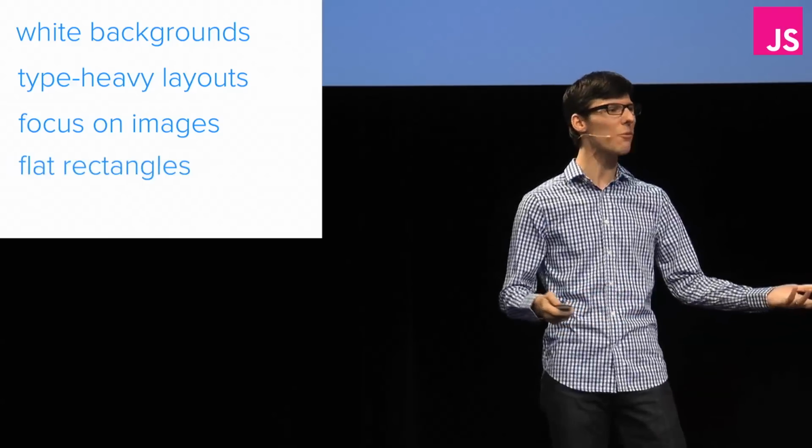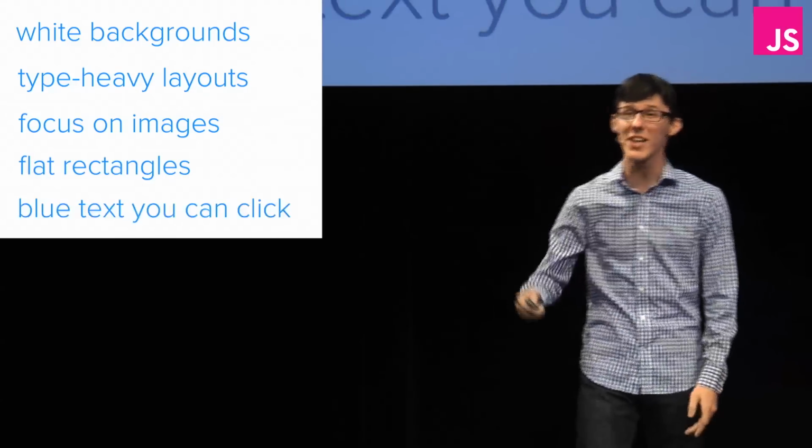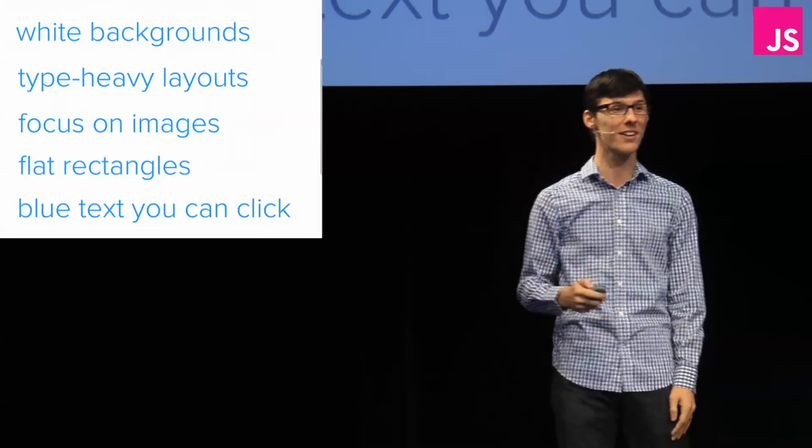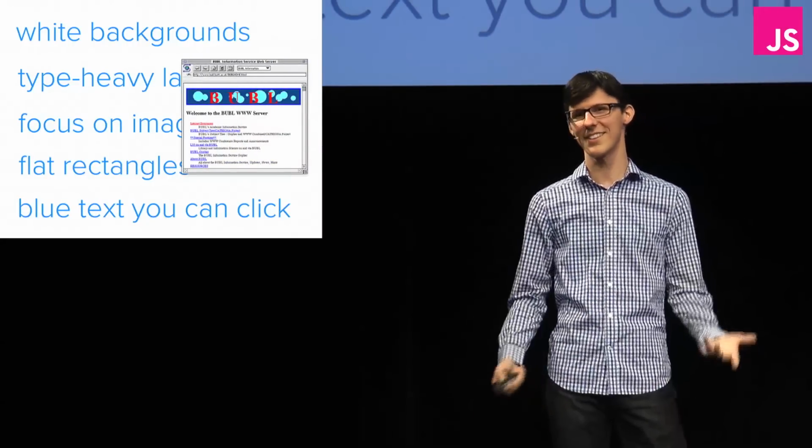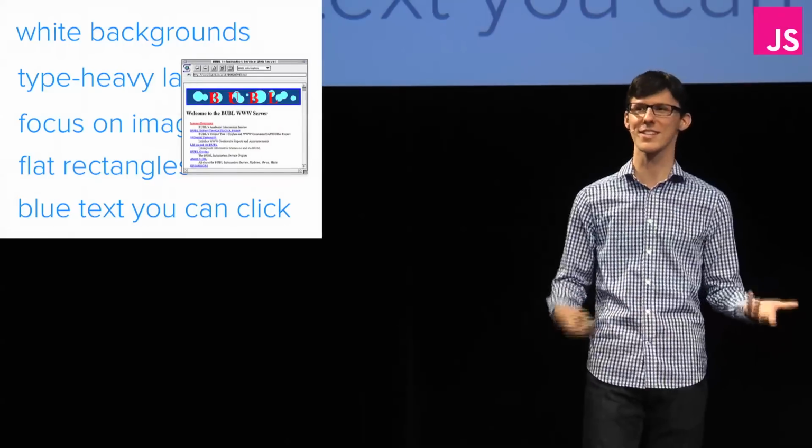And it's like, okay, everything's completely different, right? And sometimes it's not even that hard to do, right? Like iOS 7, we got these white backgrounds, type-heavy layouts, focus on images, flat rectangles, blue text you can click. It's really high-tech stuff, right? Or it's the web from 1997, right? It's not like we can't make these things happen in a web view.